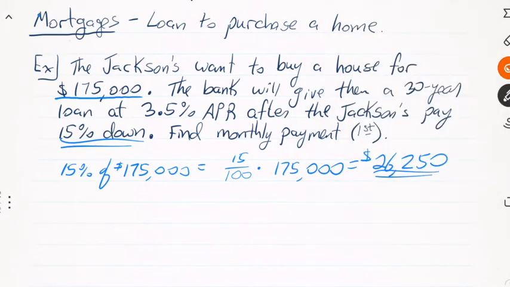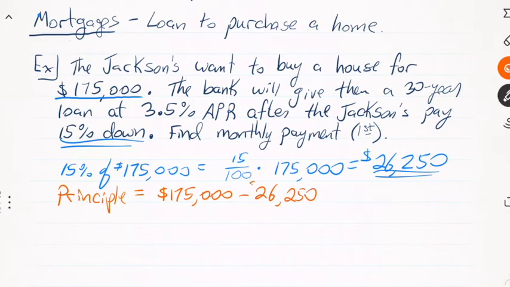So we're going to have a principal that is equal to the cost of the house minus the down payment. It's going to reduce the amount of the loan.